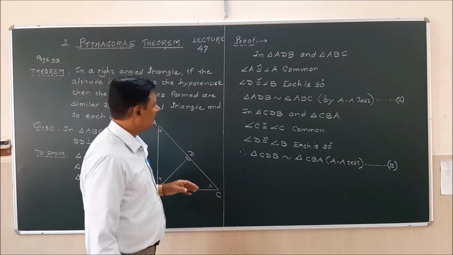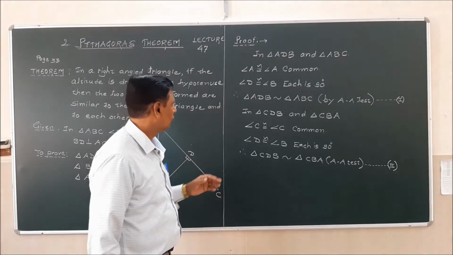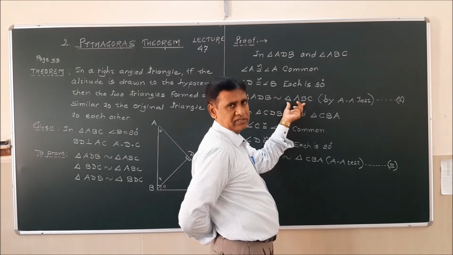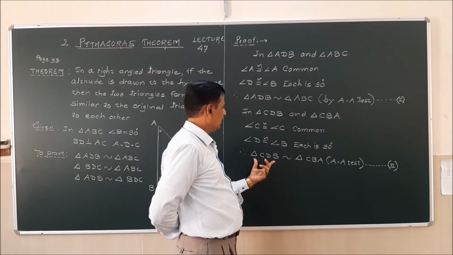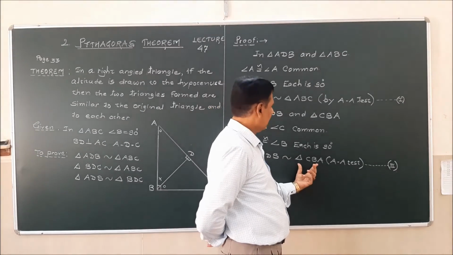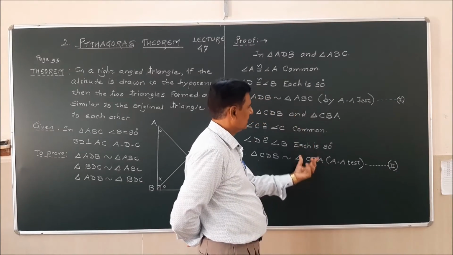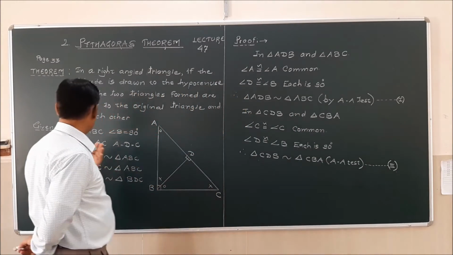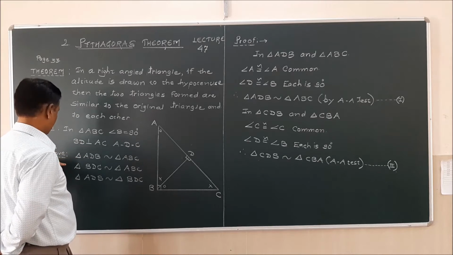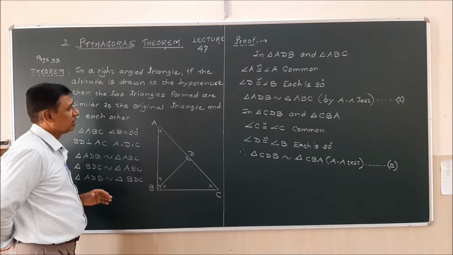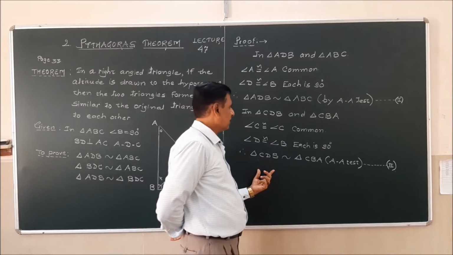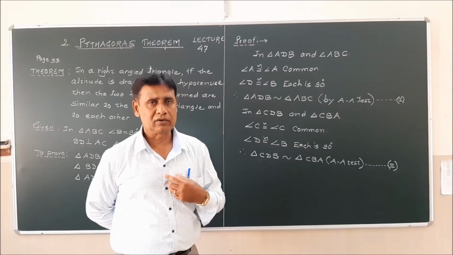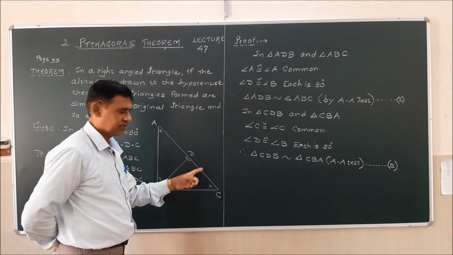From result number 1 and 2, you will notice very easily ADB is similar to triangle ABC, correct? As well as CDB is similar to triangle CBA. But this is a common triangle. So, as per the requirement of our condition to prove, you will surely find triangle CDB as well as triangle ADB, both of them are similar to the original triangle, which is ABC.